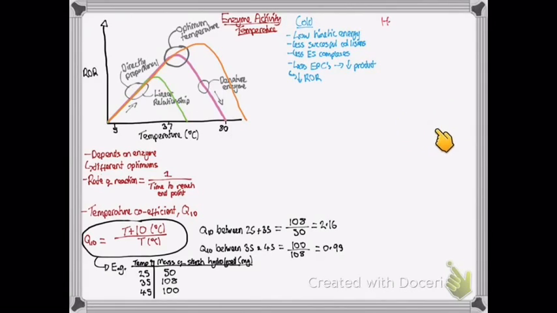So in cold temperatures we've got low kinetic energy, so molecules are moving slowly, we have less successful collisions, and therefore less enzyme substrate complexes form. Less EPCs, so less enzyme product complexes, because if we've got low enzyme substrate complexes, then we can have low enzyme product complexes, therefore we get less product and a lowered rate of reaction.